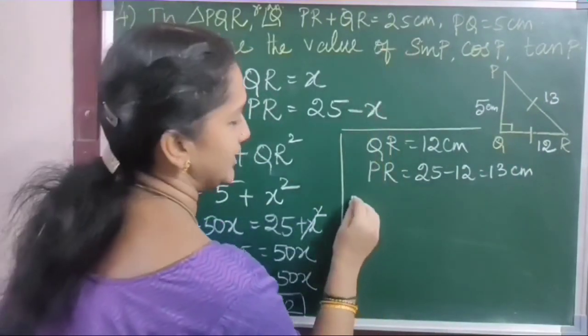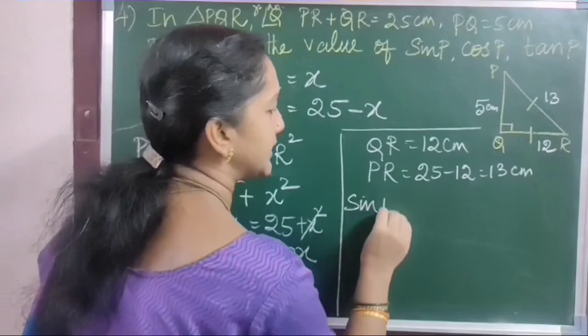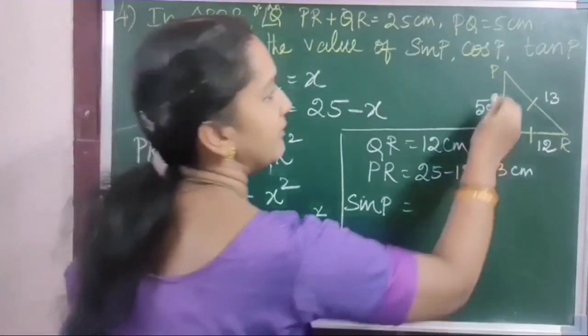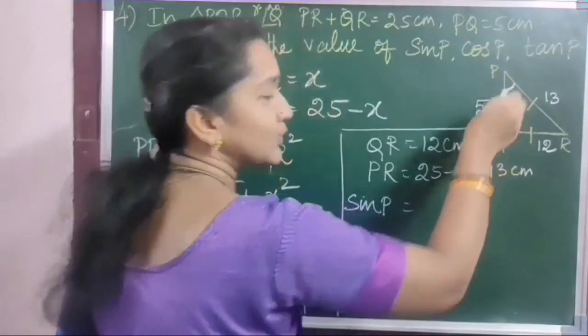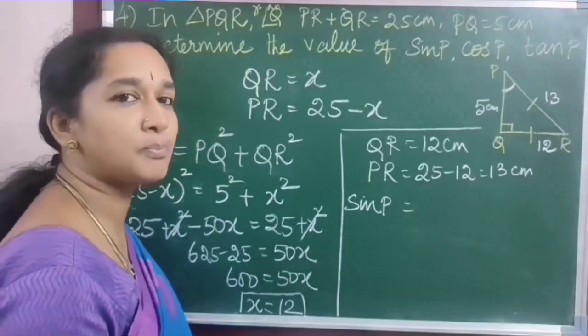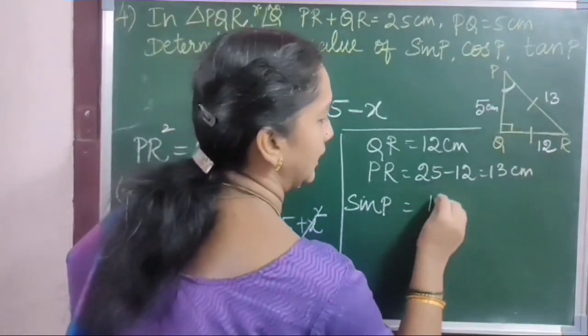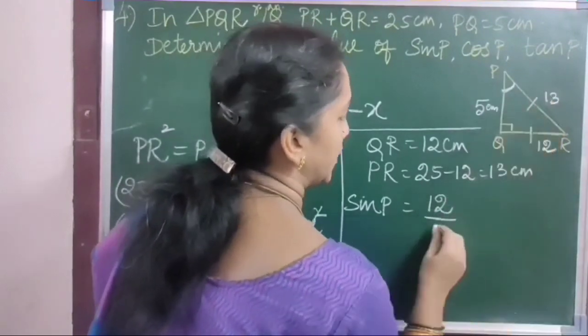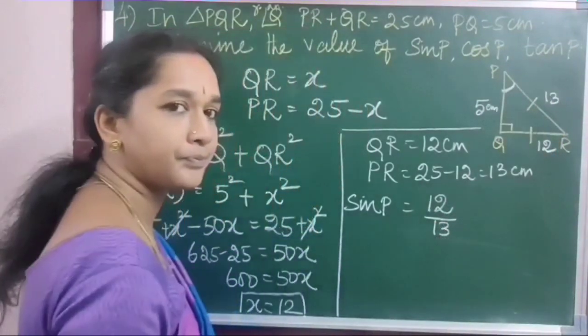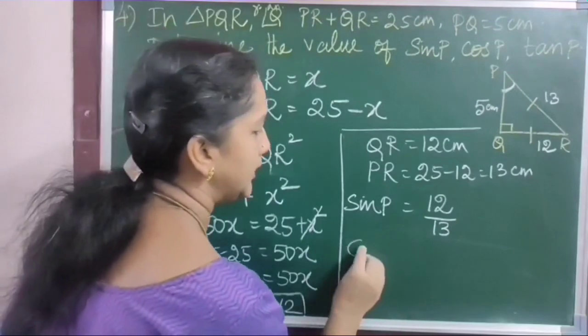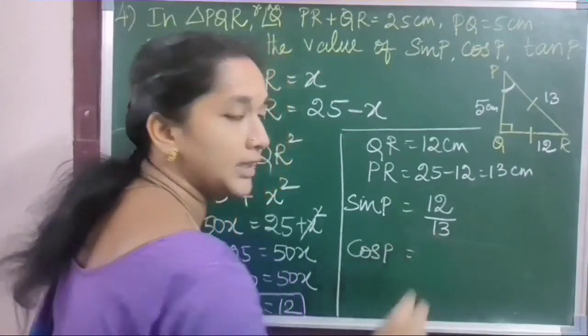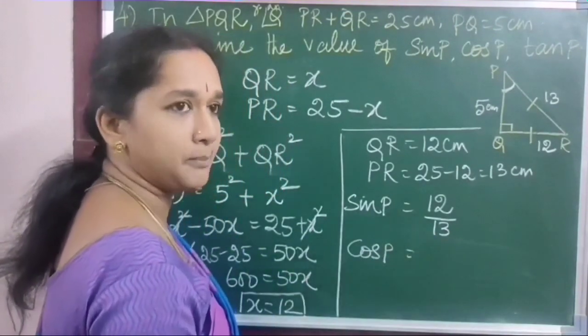Now you find sin P. What is sin P? P is here, isn't it? Sin P is opposite by hypotenuse. So opposite side is 12, hypotenuse is 13. Okay, now it is simple. Then cos P. Cos P is adjacent by hypotenuse.